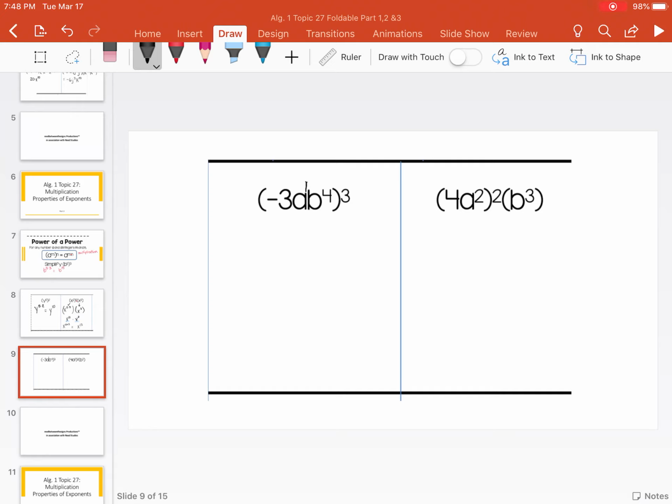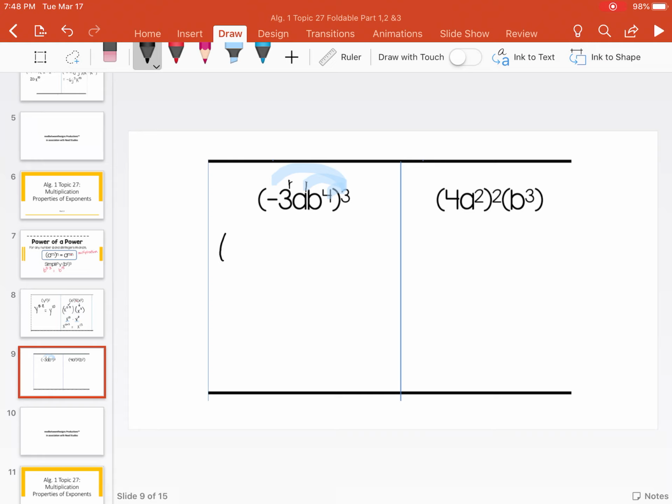So what this is saying is this is negative 3 also to the 1st power. So when we multiply it, we're going to raise every single term to that 3rd power.